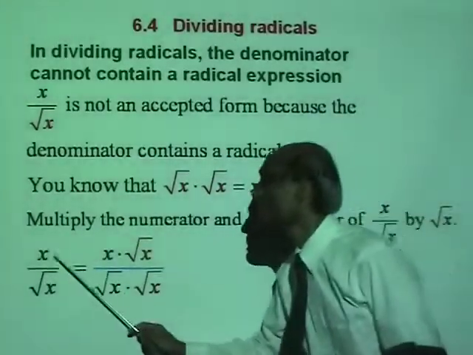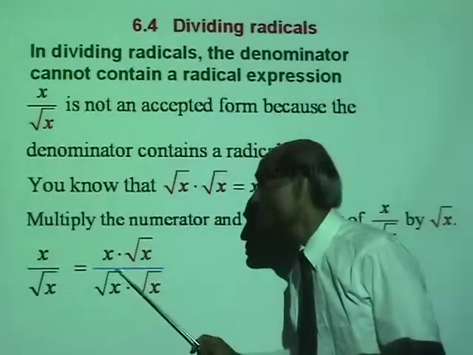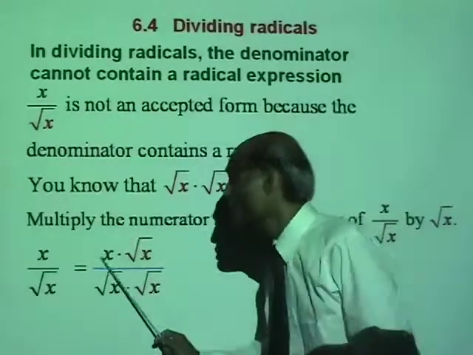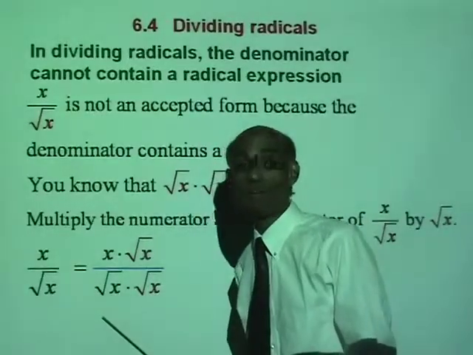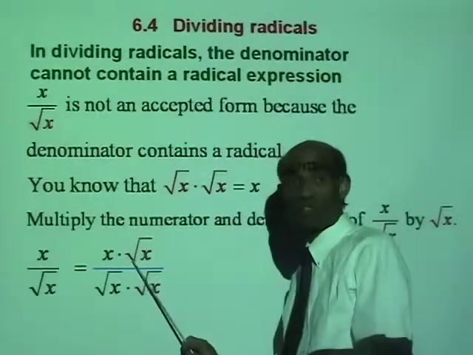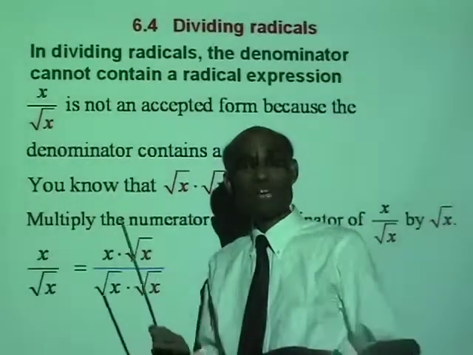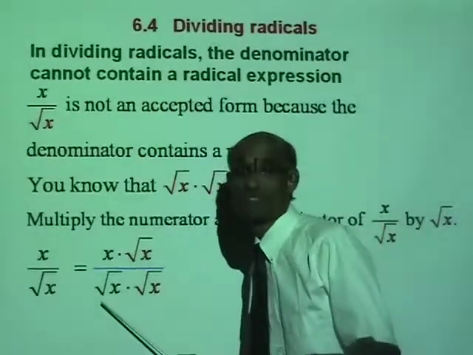And that will become x times square root x divided by square root x times square root of x. Now, does this change the value of this expression? No. They will not affect the value. But why did we do this?